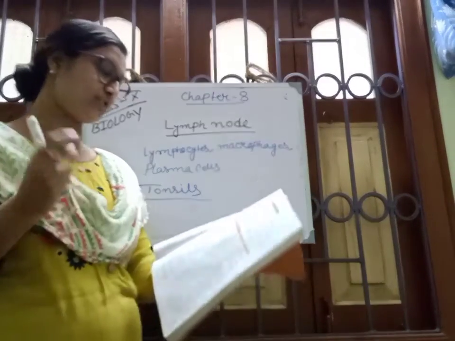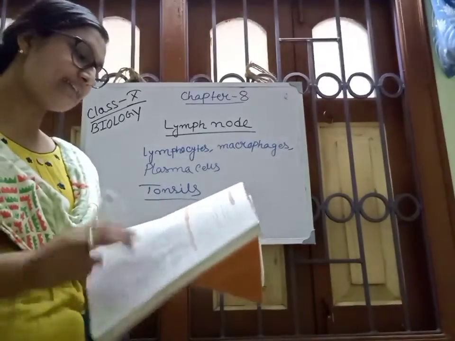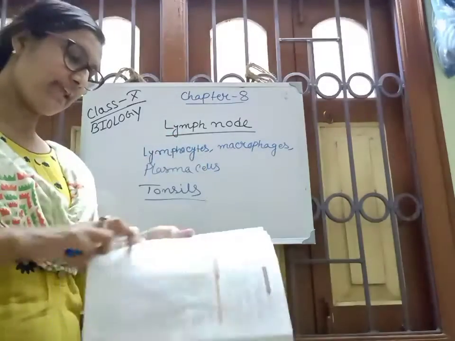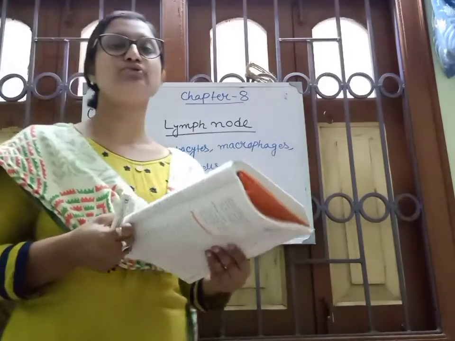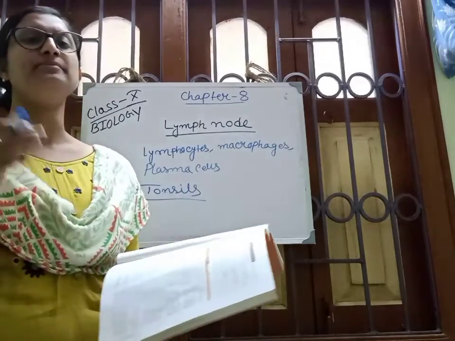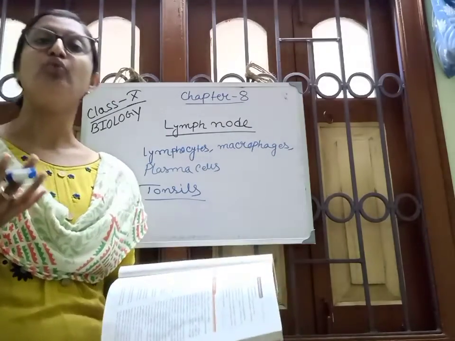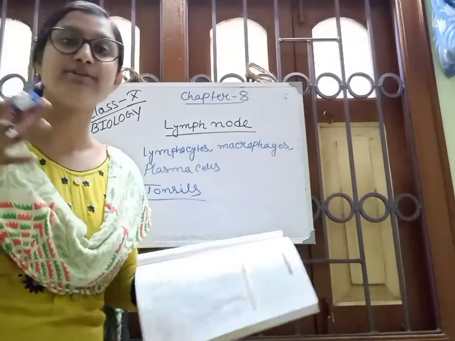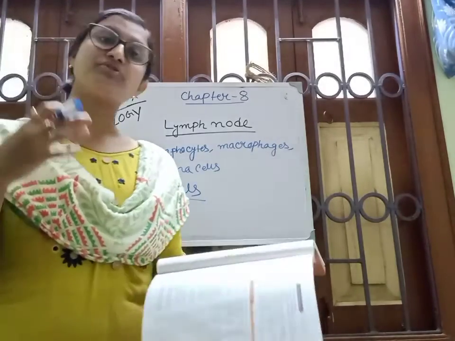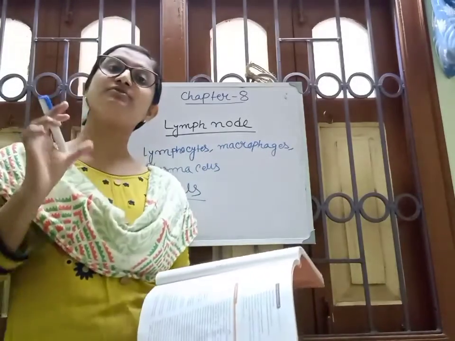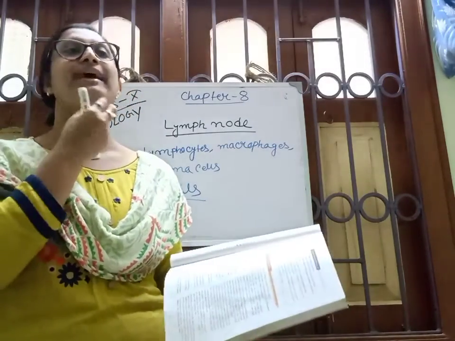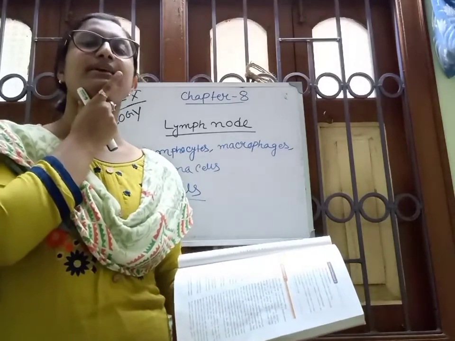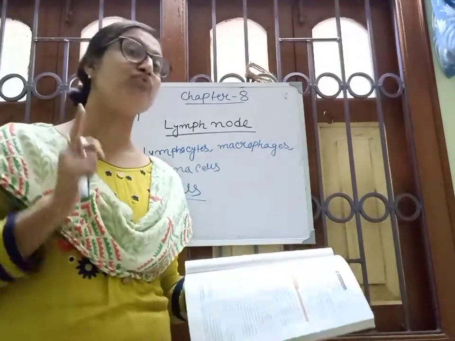The tonsils are an aggregation of lymphatic nodules enclosed by a mucous membrane, and they are located at the junction of the oral cavity and the pharynx.